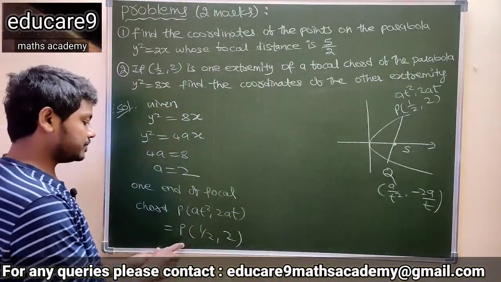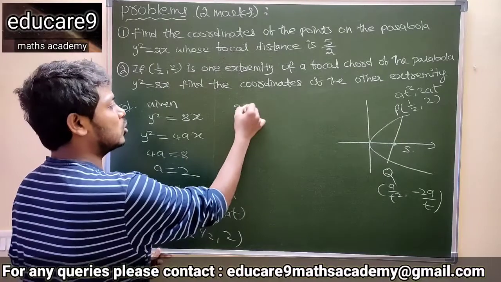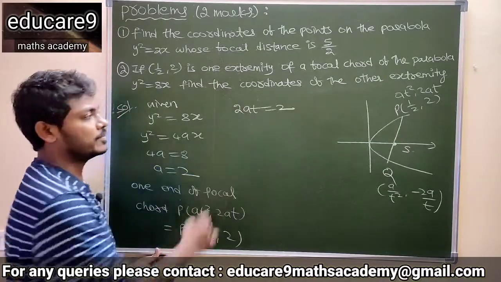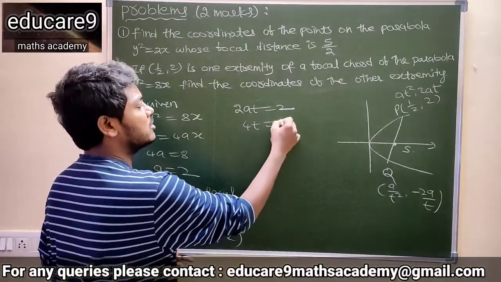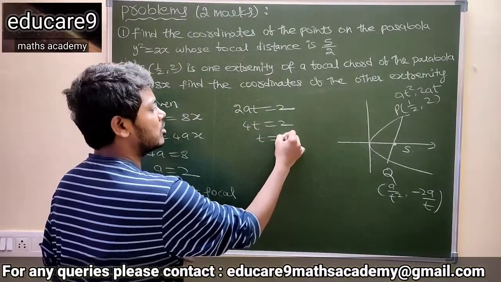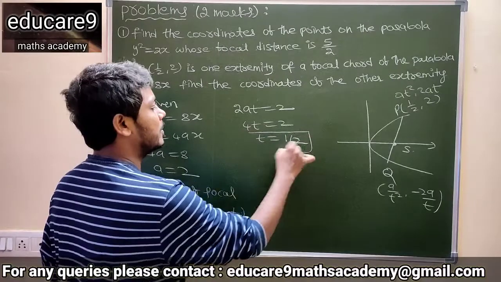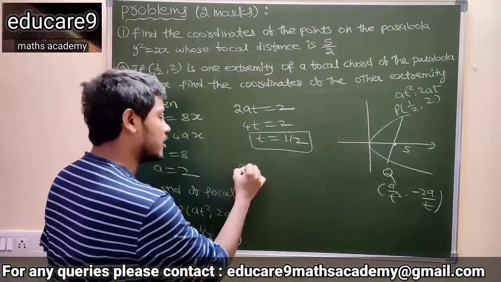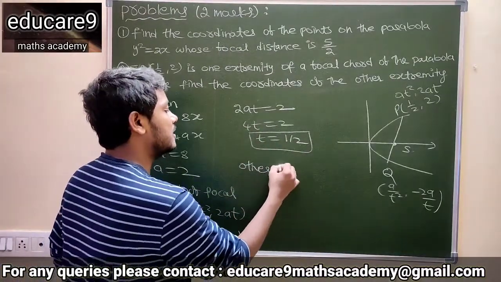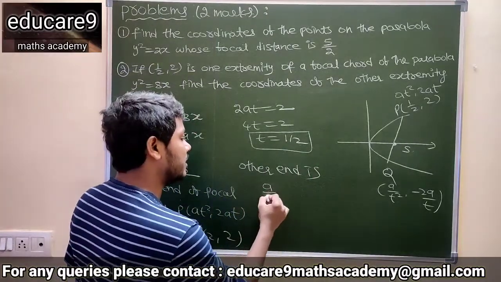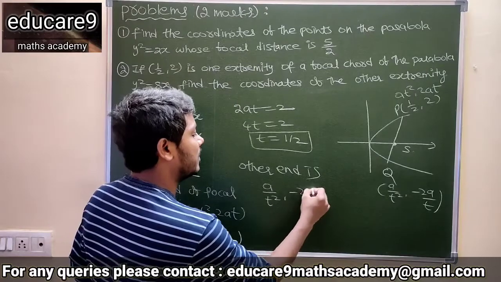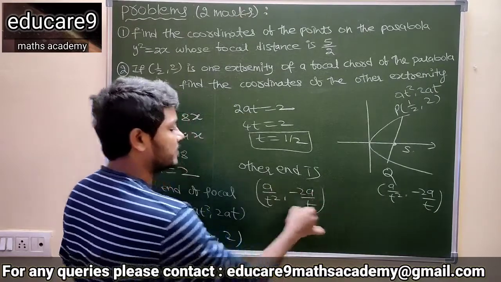See here, clearly 2at equals 2. What is the a value? 2. So 2 into 2 into t, 4t equals 2. So t equals 1 by 2. Therefore, the other end is a by t square comma minus 2a by t.